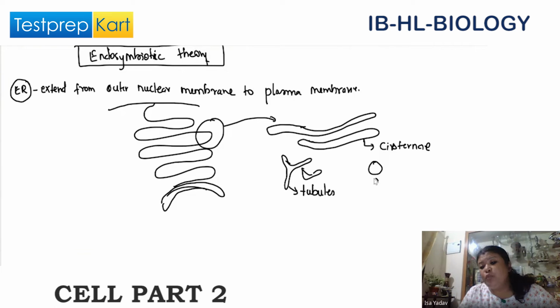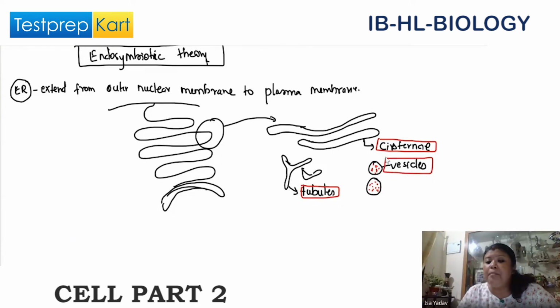Then we may also find rounded structures called vesicles. Vesicles contain some liquid, a solution that the endoplasmic reticulum has made. So these are the three components: cisternae, tubules, and vesicles make up the endoplasmic reticulum.